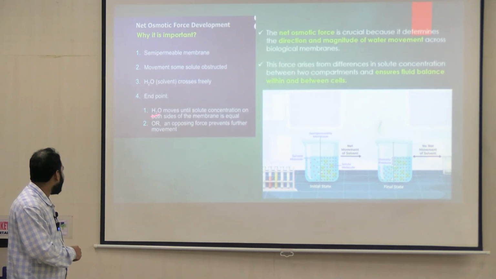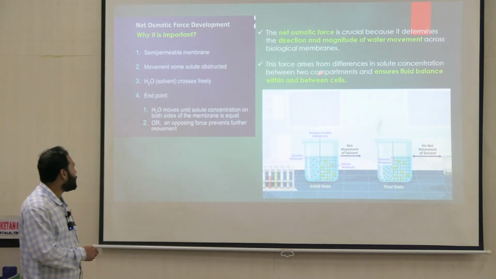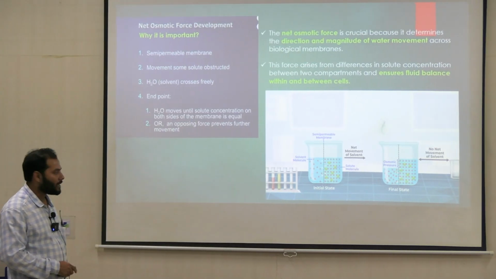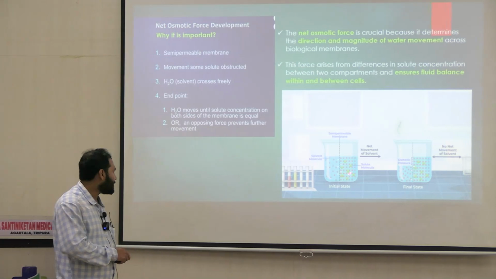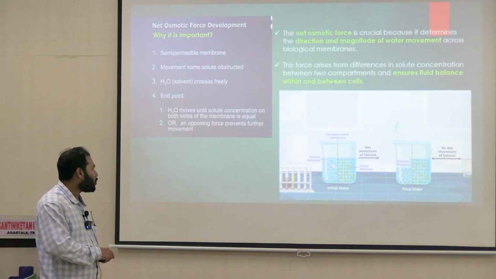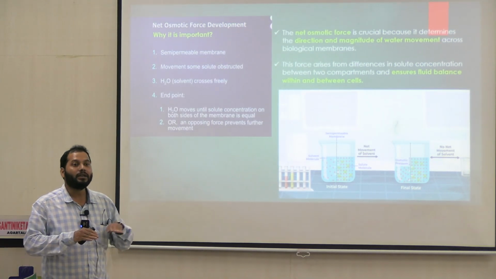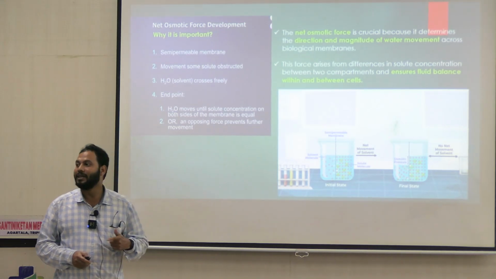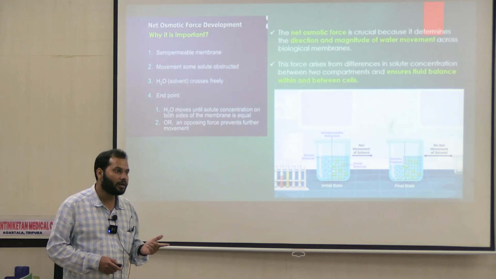Here you can see this force arises from the difference in solute concentrations between two compartments, and it ensures fluid balance within and between cells. Look at the initial state: on one side of the cell membrane, the number of solutes is very low in comparison to the other. To reach equilibrium on both sides, water must move to balance the solute concentration.